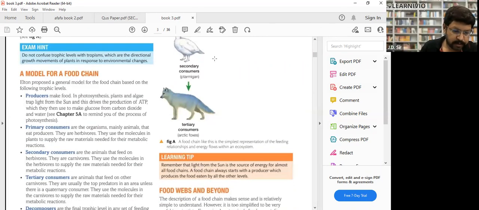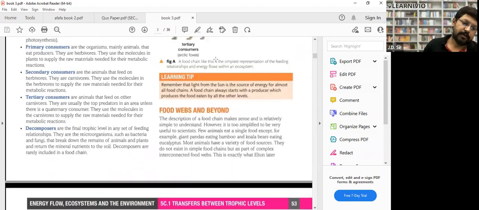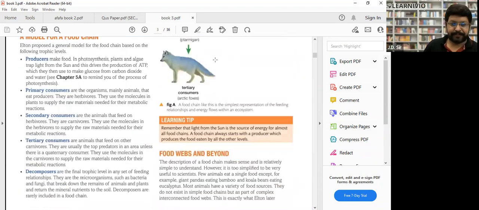Okay, producer, primary consumer, secondary consumer, tertiary consumer, decomposer. Right, it's easy. Ecosystem, I think.